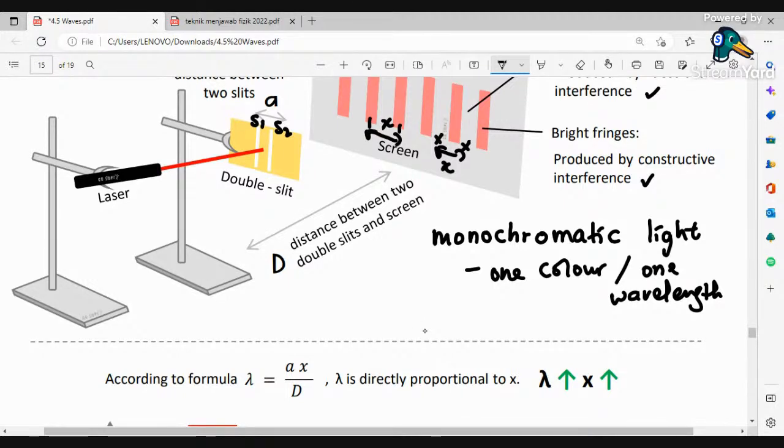So we apply the same formula. From this formula, if we use the same A and the same D and change the wavelength, the pattern that forms will be represented by X. You can see lambda is directly proportional to X. The longer the wavelength, the longer the value of X.